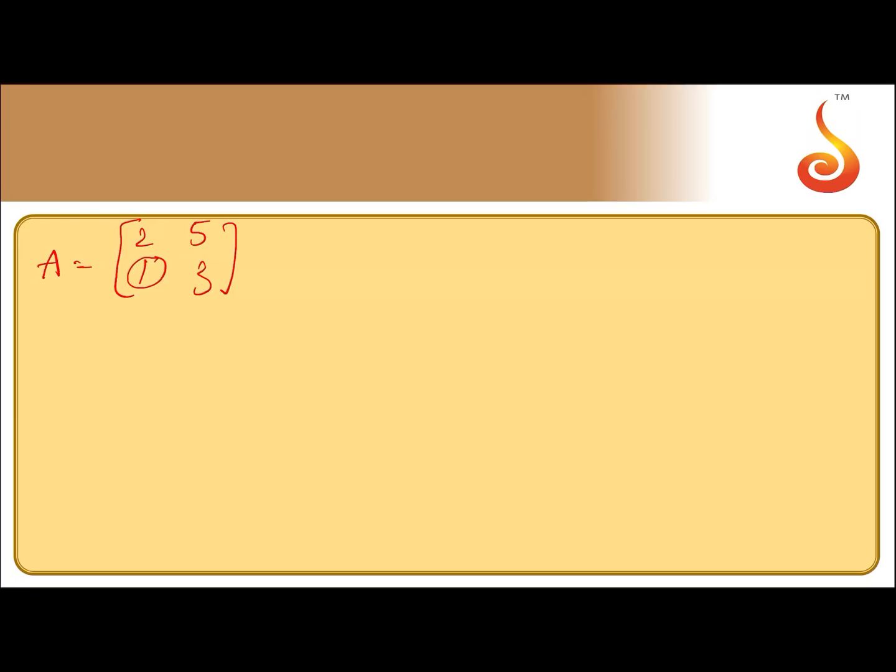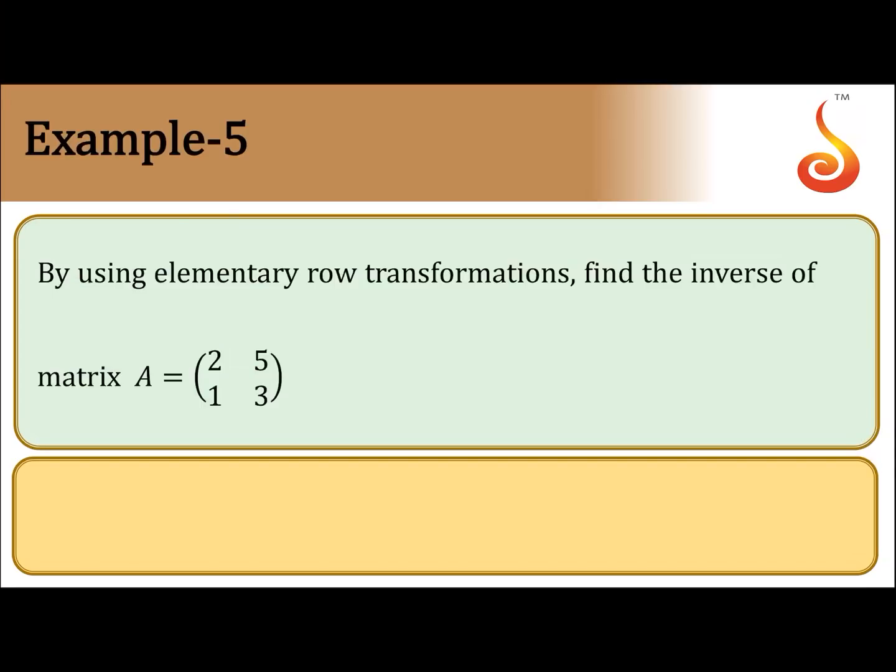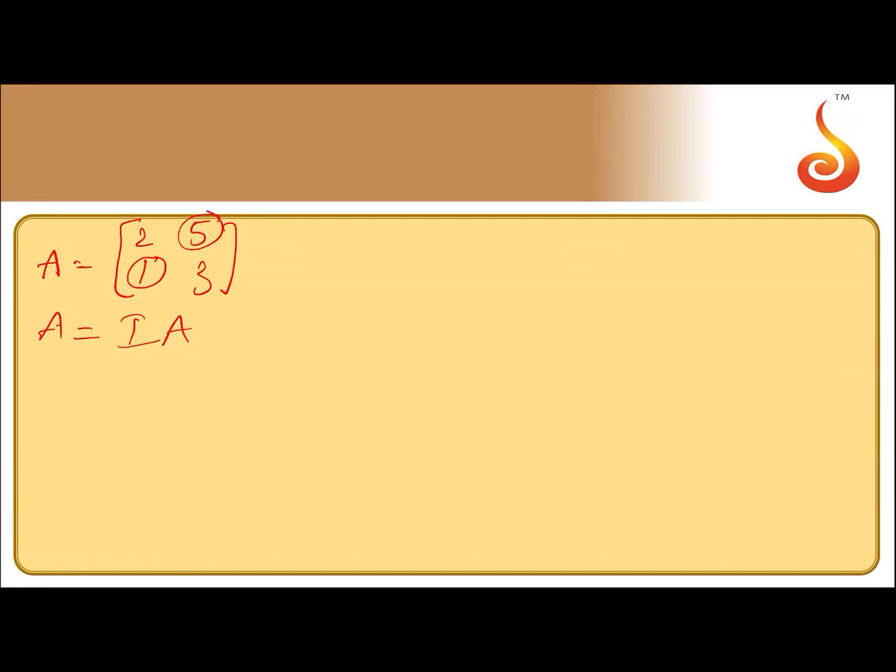My concentration is making this element 0. I consider A is equals to I multiplied by A because I am applying row transformations only. A matrix is equals to 2, 5, 1, 3, that is equals to 1, 0, 0, 1 multiplied by A.